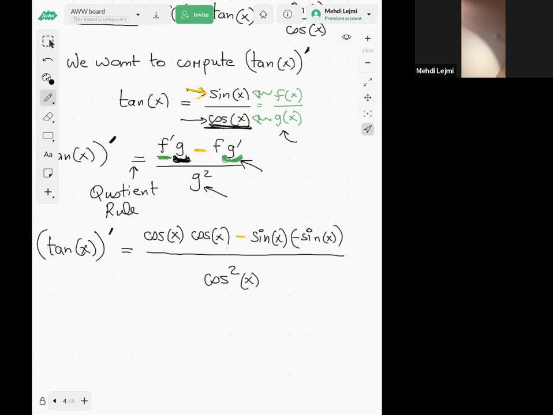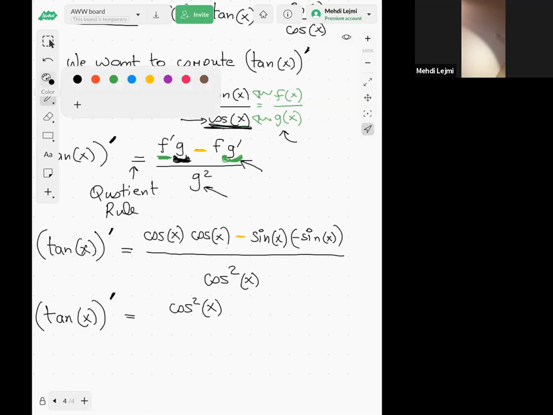Let's see what we have in the top. Cosine times cosine is cosine squared of x. Then there's a minus, and minus times minus gives a plus.